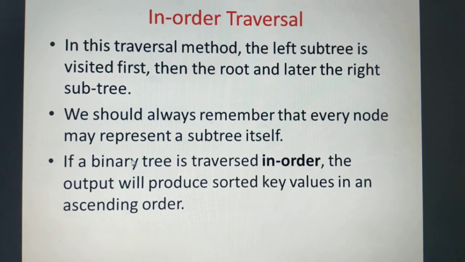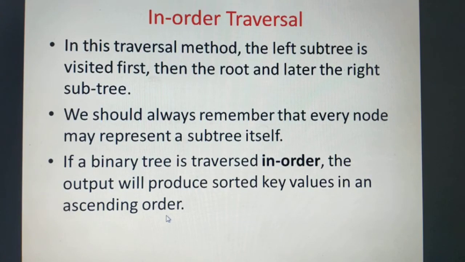If a binary tree is traversed in an in-order fashion, the output will produce sorted key values in ascending order. How is a binary tree formed? We already studied how to create a binary tree.